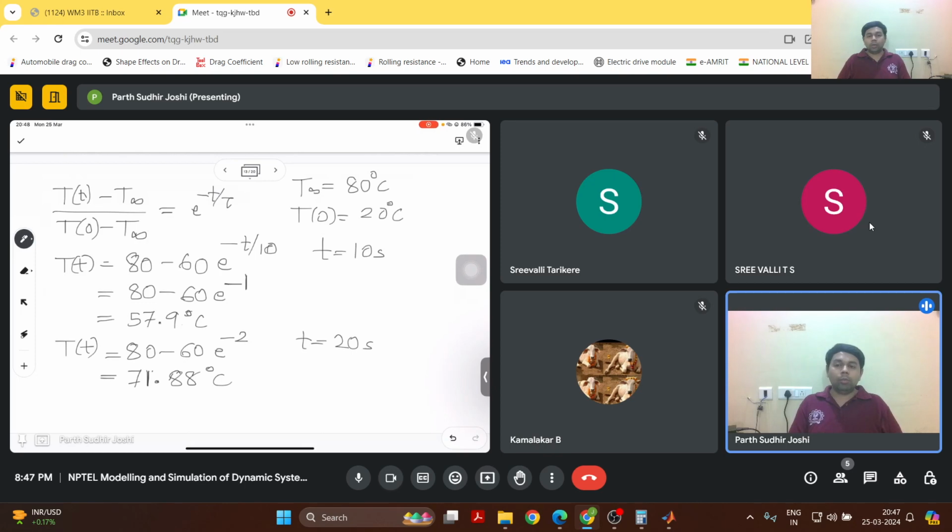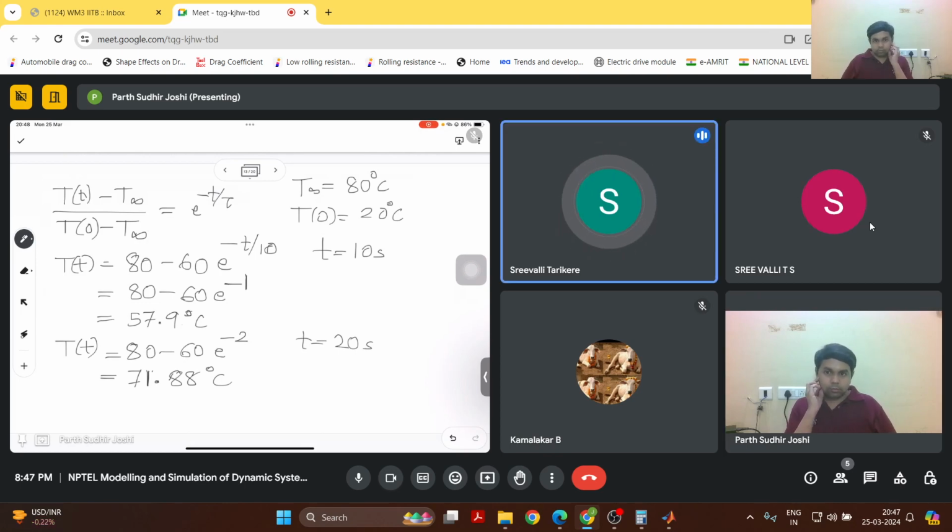And roughly how much time do you think it will actually take to reach the actual value of 80 degrees Celsius? Any idea? Maybe 15 to 20 seconds. Sorry, 25 seconds.